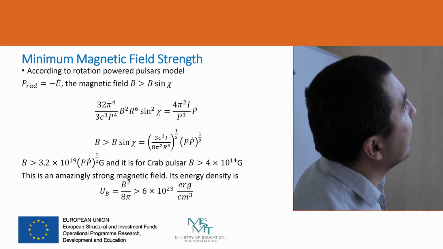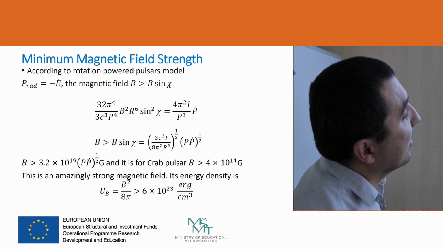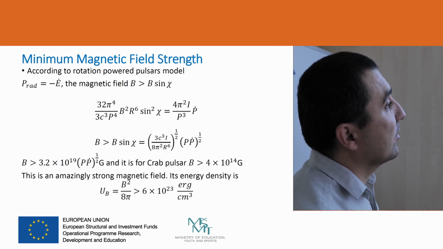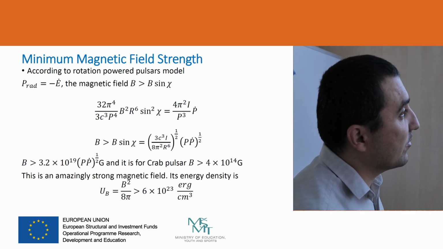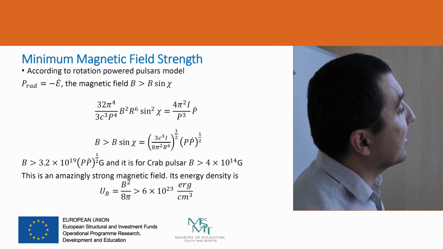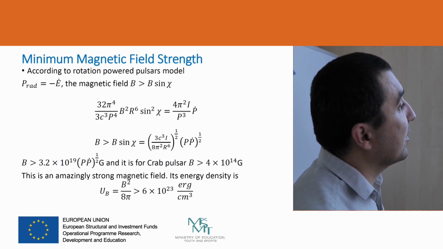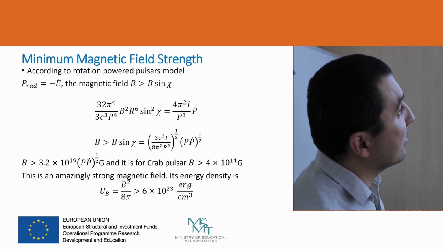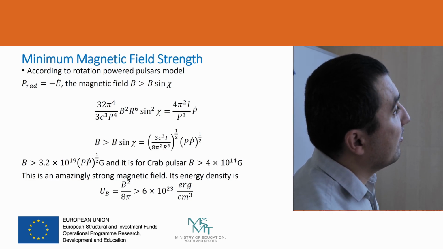It shows that the Crab pulsar's field should be less than its type, about 4 times 10 to the power 14, and its energy density should be 6 times 10 to the power 23 erg per second. We provide some estimations on the Crab pulsar.